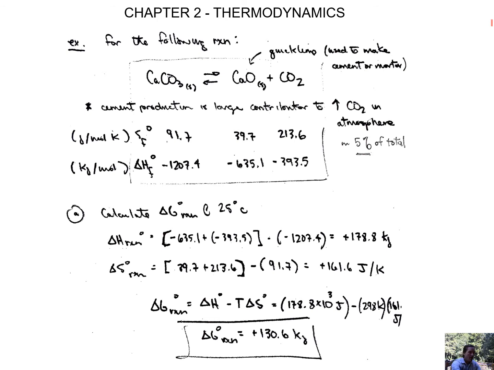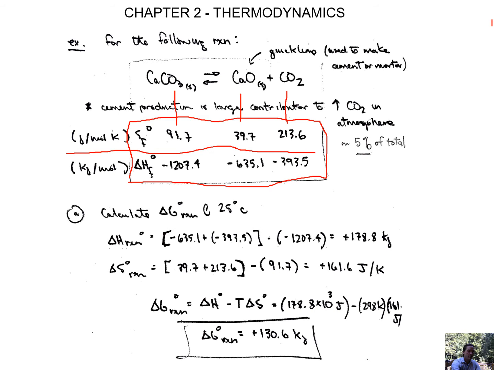And so I'm going to use tabulated data. So this is all values from the appendix in a textbook. And so these values are for calcium carbonate, these values for calcium oxide, and these values for CO2. This way, I have the values here for entropy.